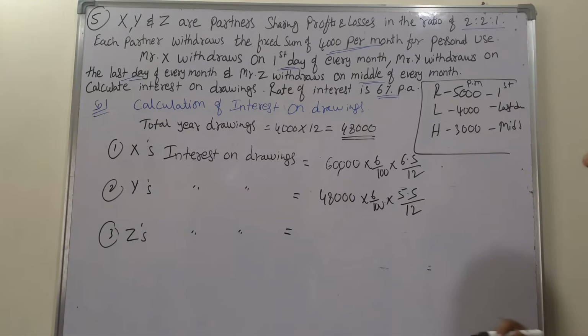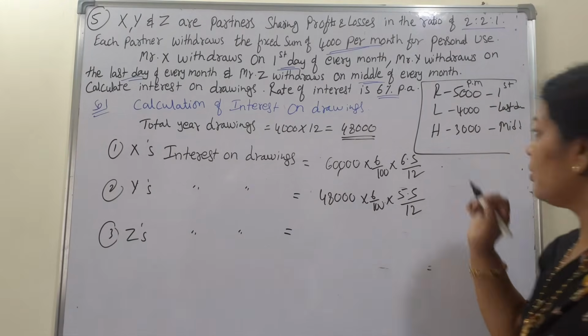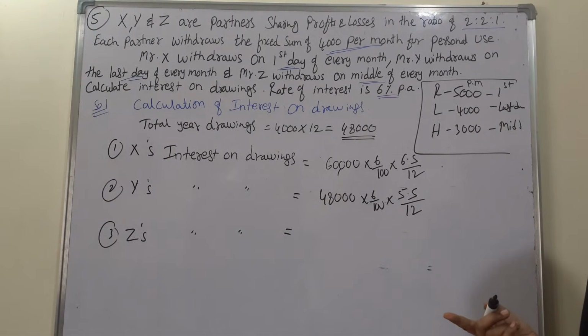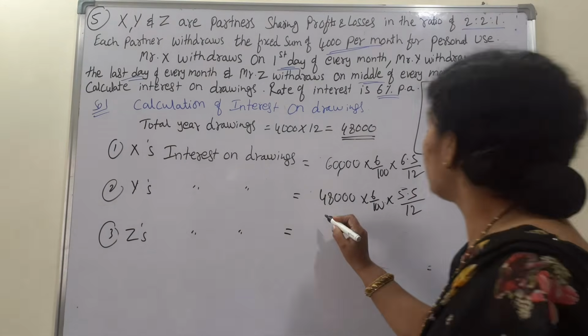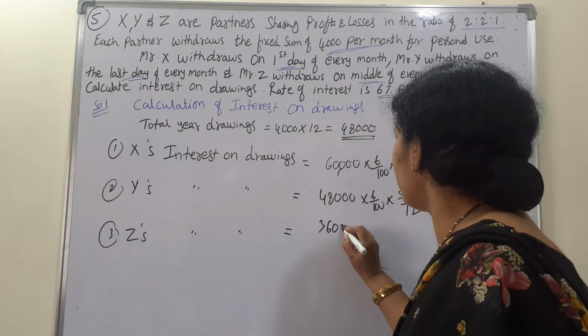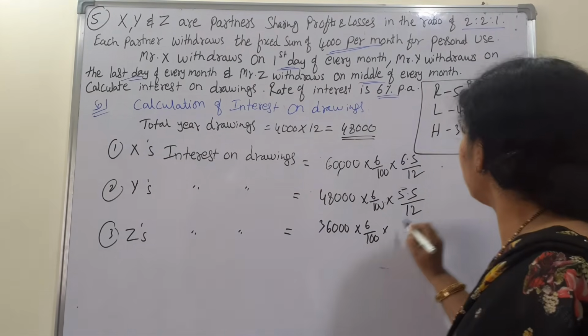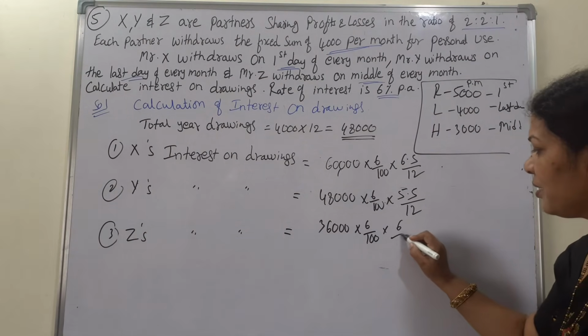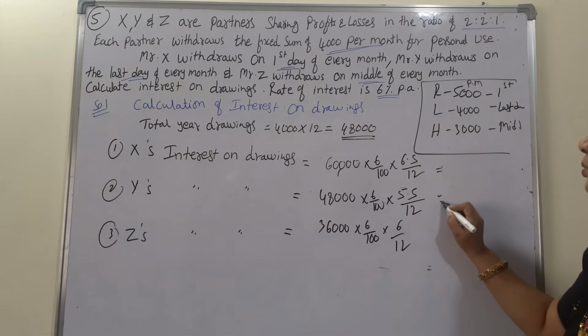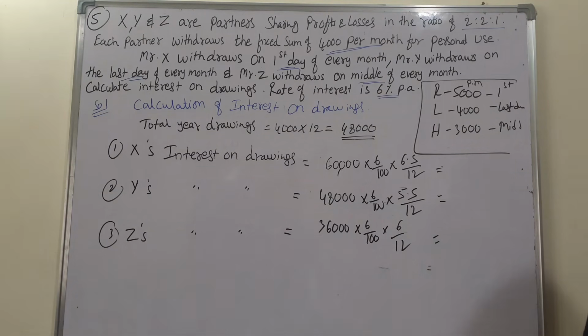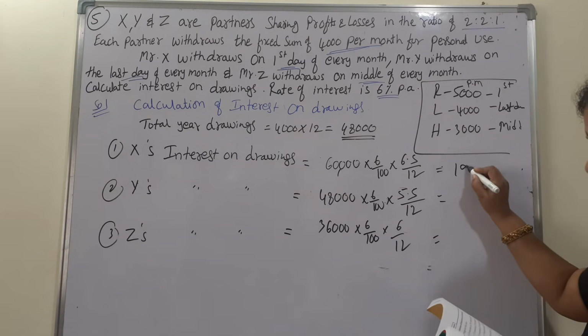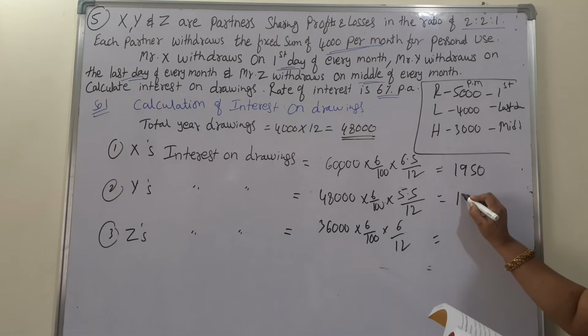Next for Hanuman, it is 3,000 per month. Full year 36,000 into 6%. This is the middle, which means 6 by 12. So like this you have to calculate. You will get the answers 1,950, 1,320, 1,080.